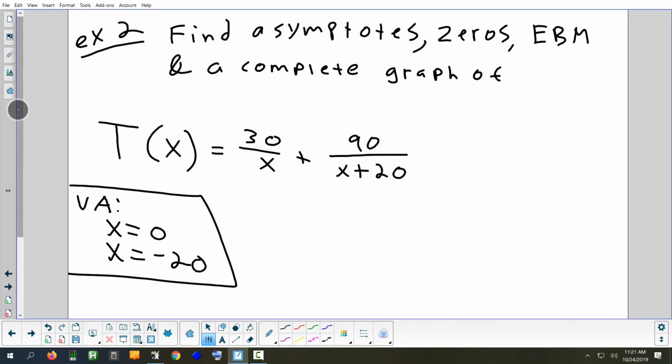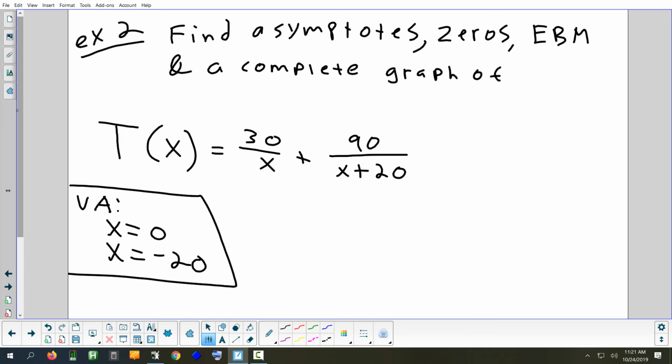Let's see. The zeros. Well, a zero is a value you can plug in for x and get 0 for y. Could that happen here? X equals 0. Well, x equals 0 is an asymptote.